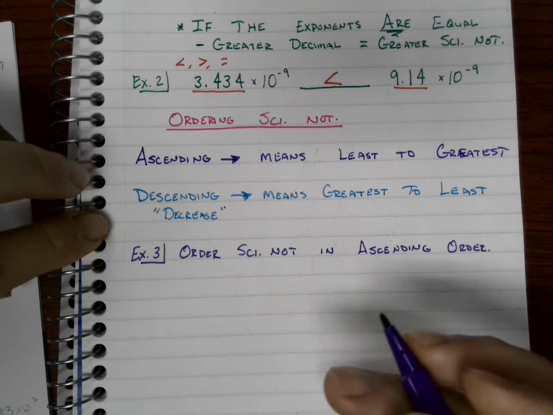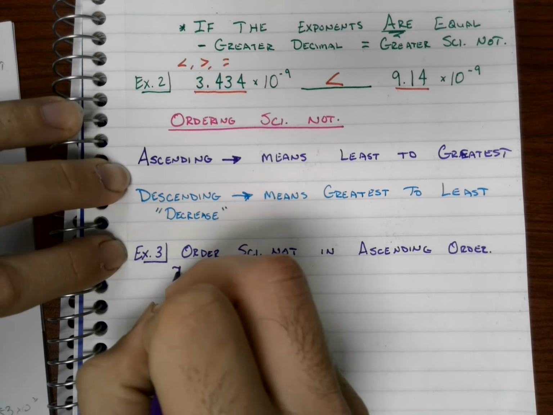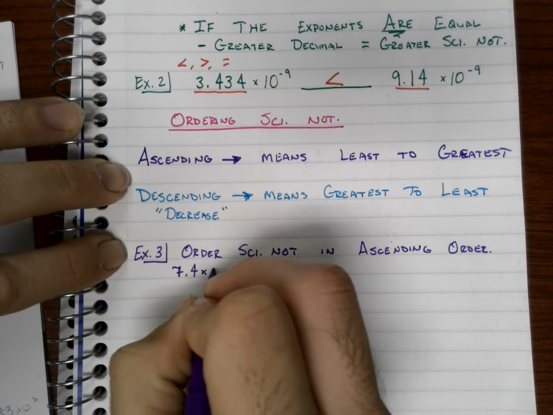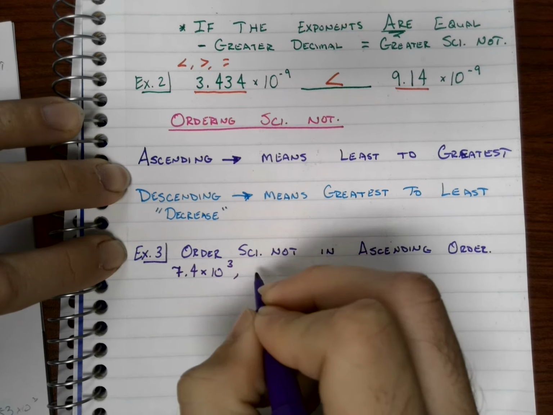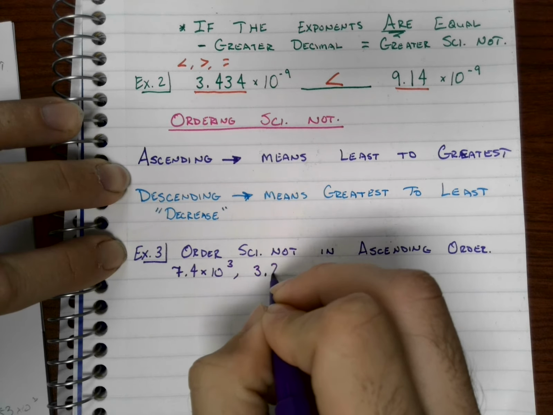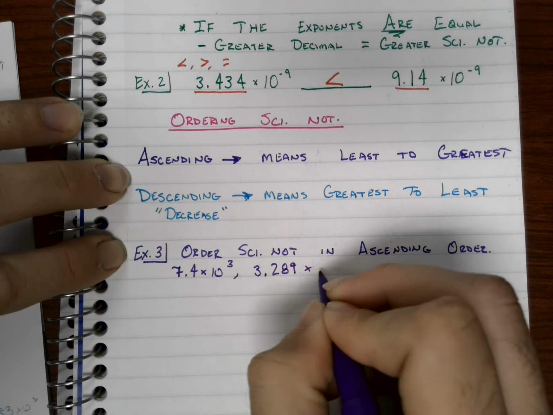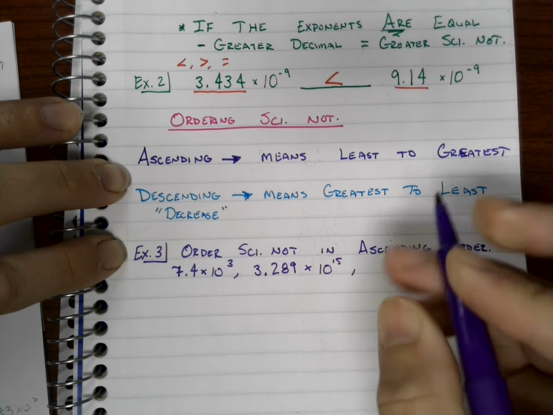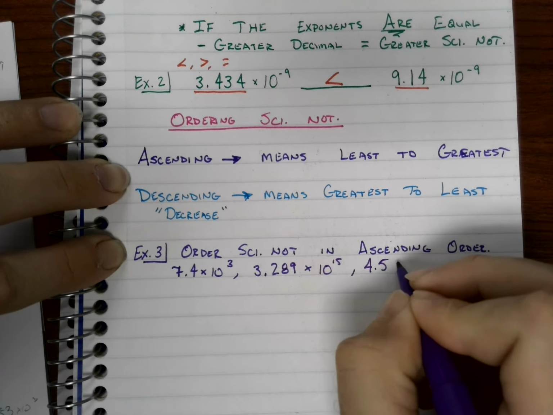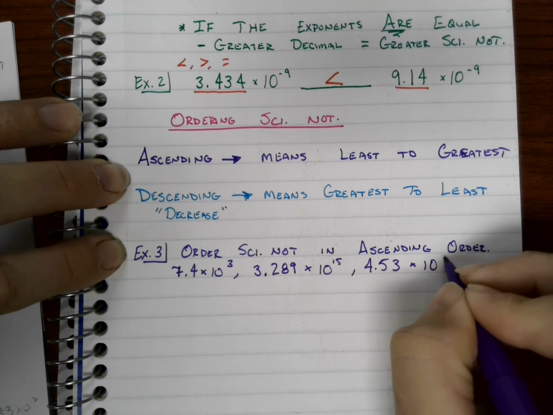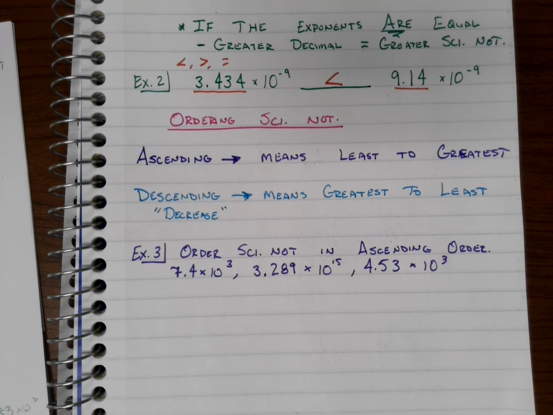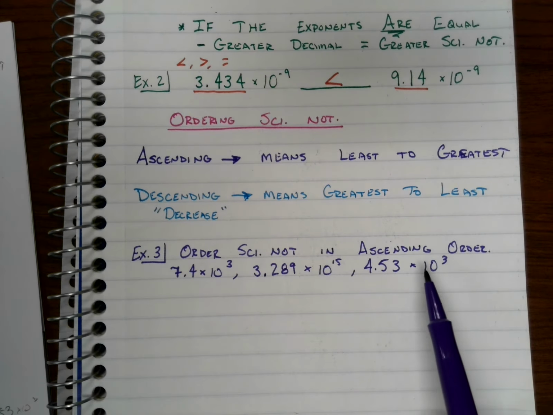And our numbers are 7.4 times 10 to the third, 3.289 times 10 to the 15th, and 4.53 times 10 to the third. So we're going to order these in ascending order, okay? Now, look at these numbers. Use our rules from above, all right?